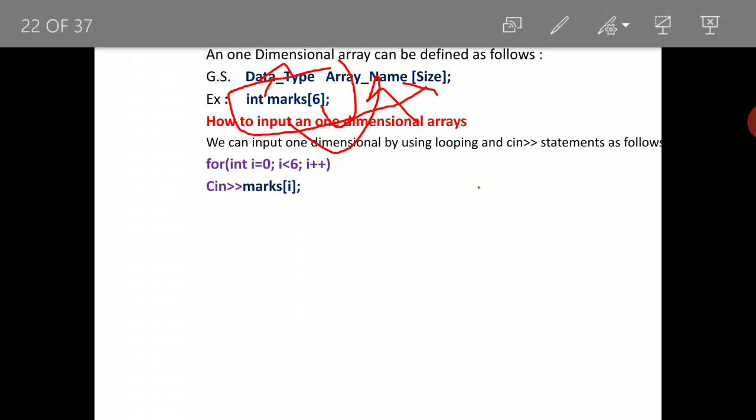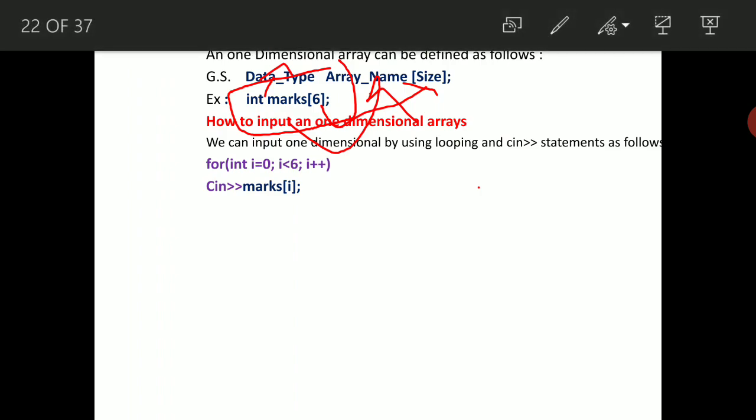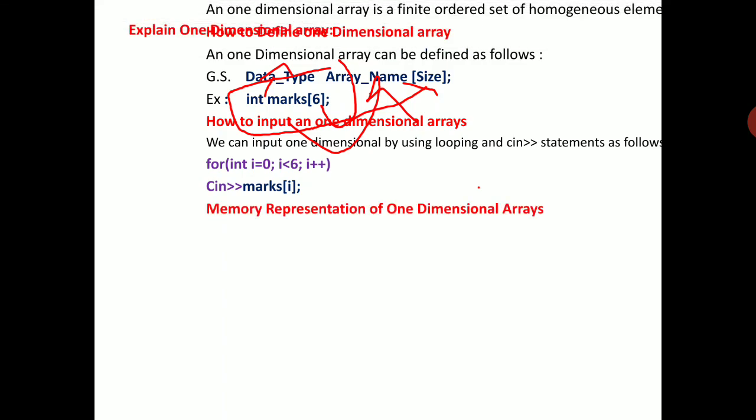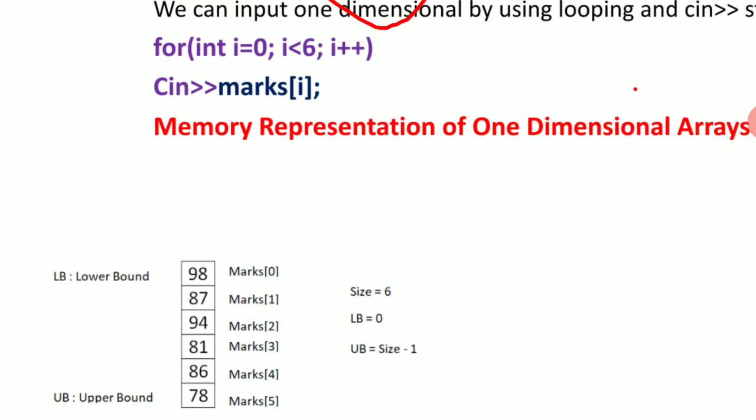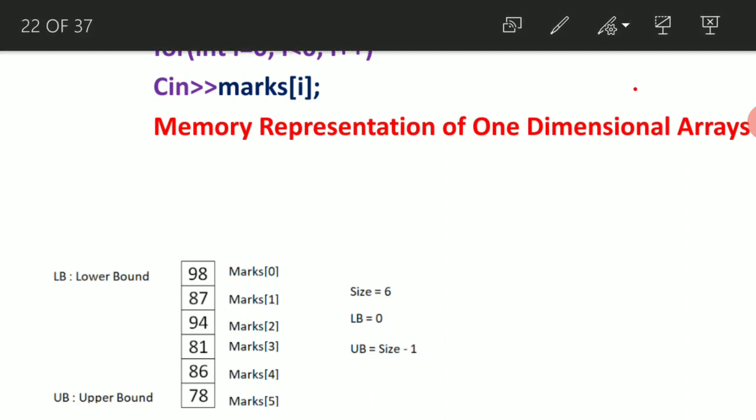Then how are we going to represent its memory, how is it actually stored here? We will concentrate on the for loop also, memory representation of a one dimensional array. You can see an array here. Now in the beginning i equal to 0, then where is the first element stored? marks[0], the first element is stored here, marks[0], we have given 98.